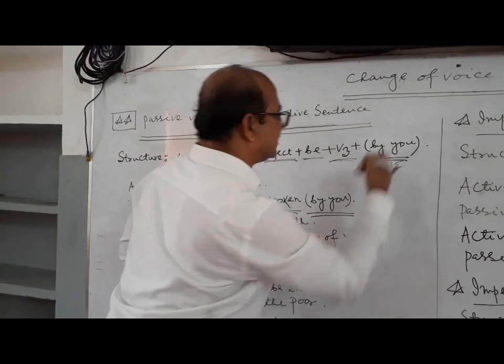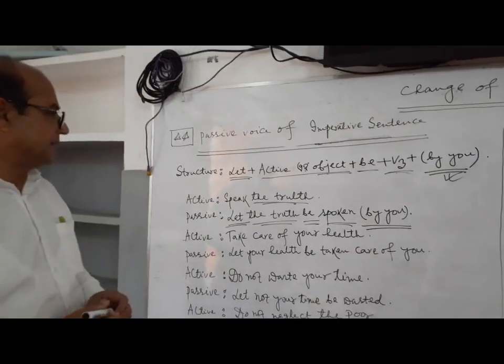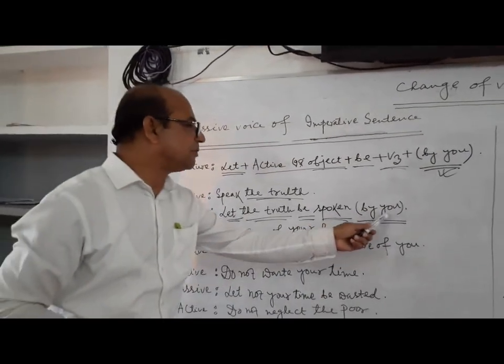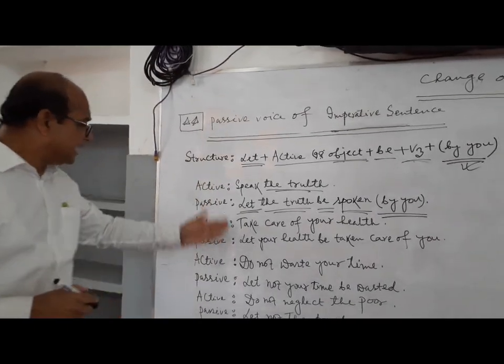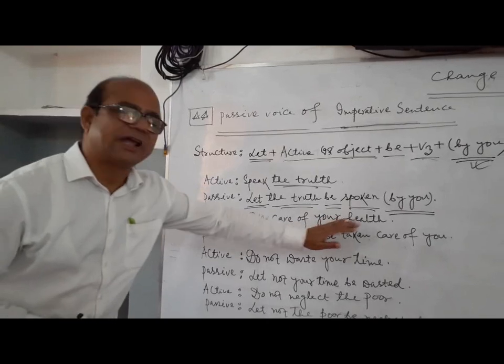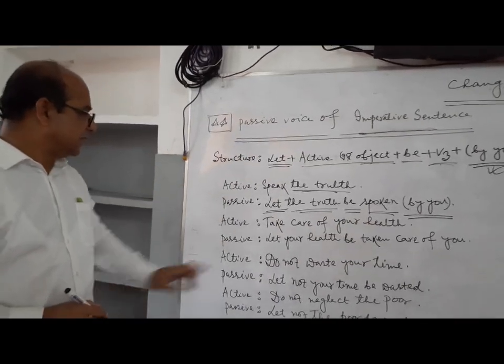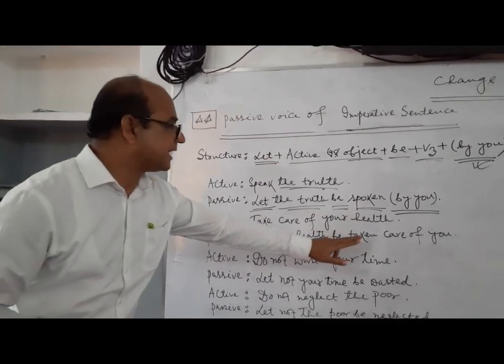Now in bracket, by you is given. If you wish, you can use by you or not. It doesn't matter. Next one, take care of your health. Let your health be taken care of.